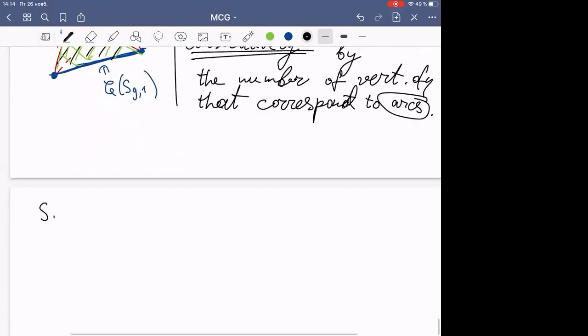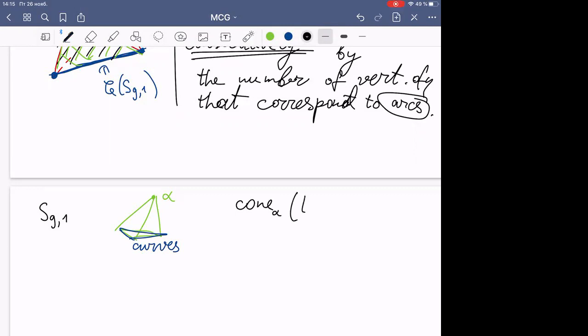We start with complex S_{g,1}, and we add a certain arc alpha, and we add all simplices that contain this arc, and all other vertices of this simplex are curves. So we add a cone with apex alpha over some subcomplex here.